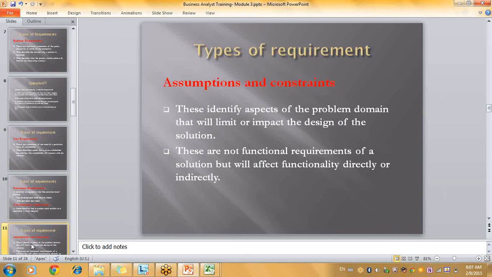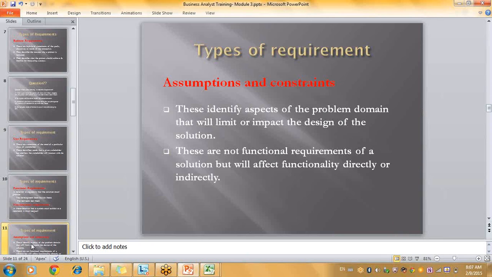A constraint is something which is an obstacle for me, right? It might be from a technology point of view. For the same example, if the internet is not there, then they cannot use the website. More often we get constraints on the technology side. Say I need a feature to upload a file or an image from my system into the website.